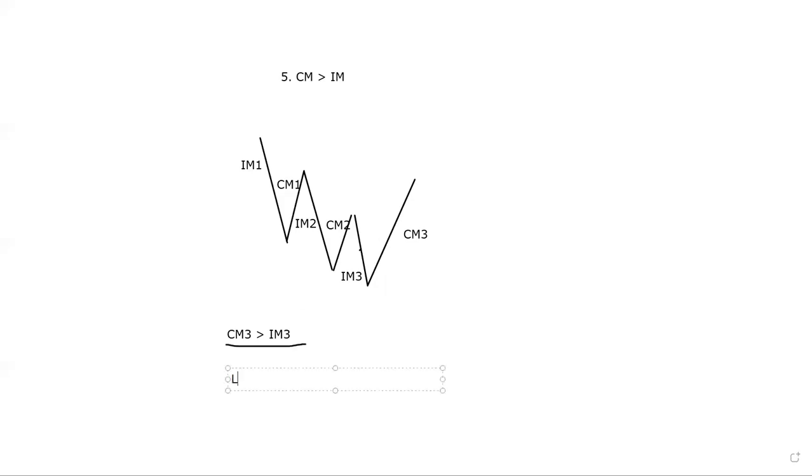The second criteria is: the low of impulse move 3 will experience high volume and spreads. The volume and spread will increase, so we'll experience a climatic move.